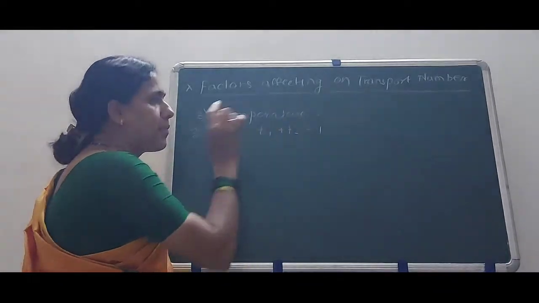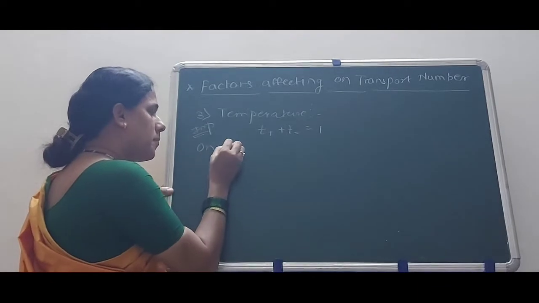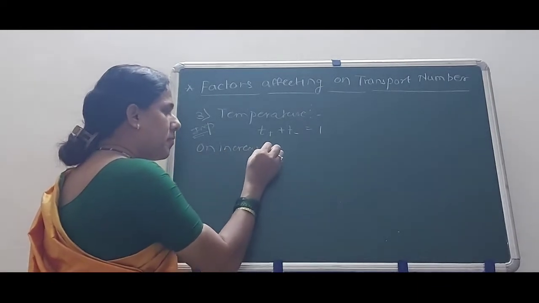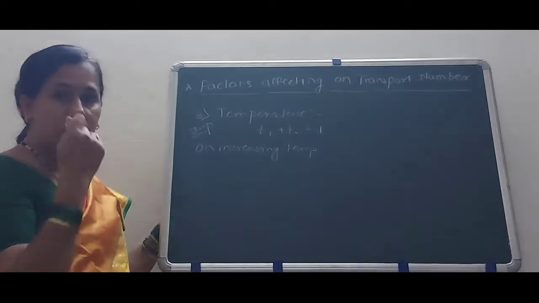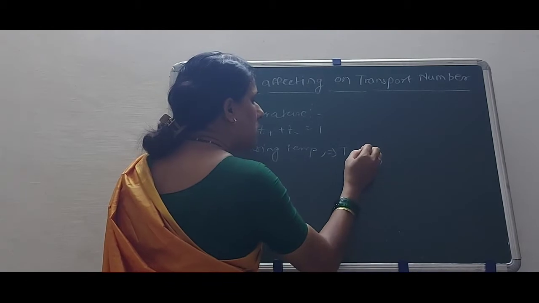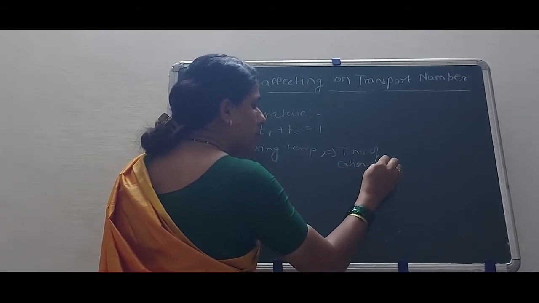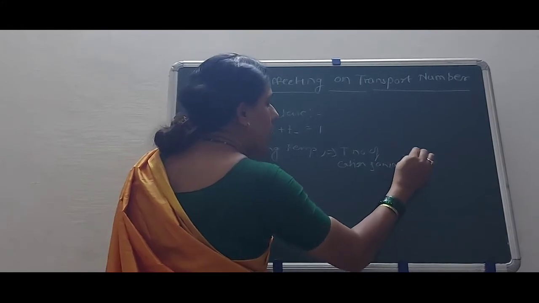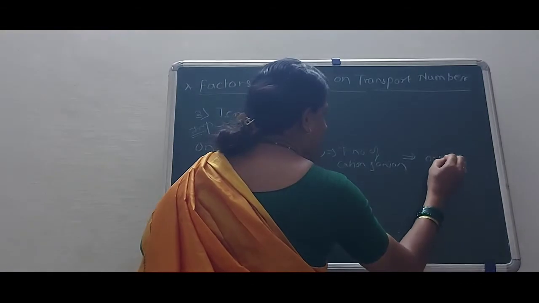What is the effect of temperature on transport number? On increasing temperature, the transport numbers of cation and anion approach a value of 0.5.